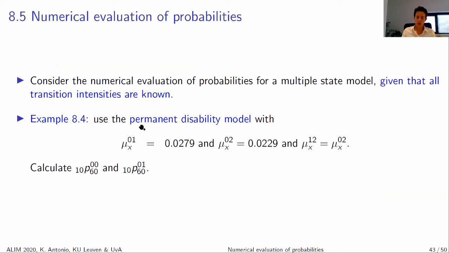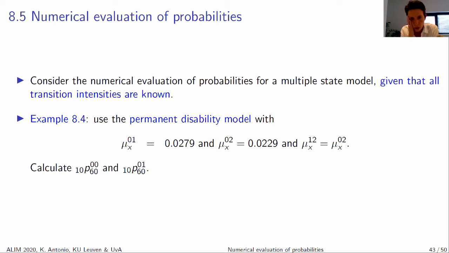We're going to work with the permanent disability model. That's the first example from the book. We assume that mu01 is constant and given, mu02 is constant and given, and mu12 is equal to mu02. You immediately see that this is not a very valid assumption, because the transition intensities are constant for all ages.